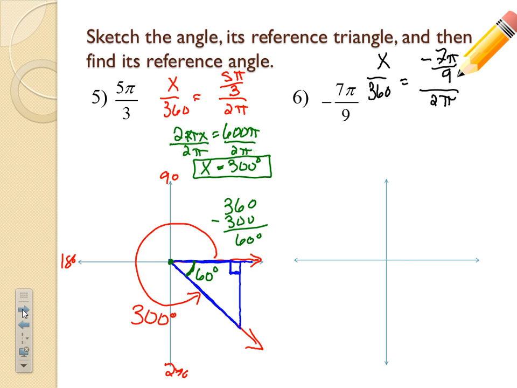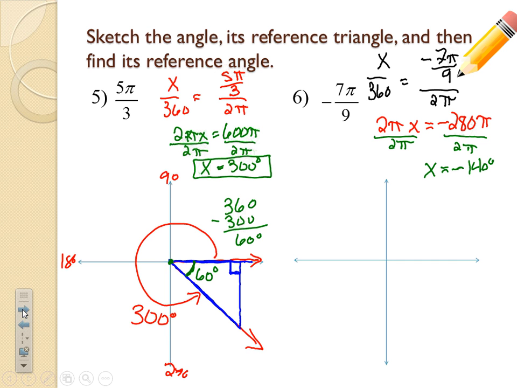Now we're going to cross multiply, so I get 2 pi x equals, now we're taking 360 times negative 7/9, and I get negative 280 pi. Now to solve this, I'm going to divide both sides by 2 pi, and x is going to equal negative 140 degrees.